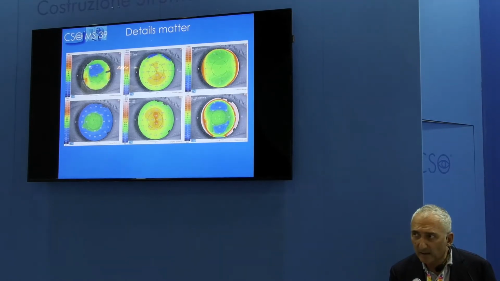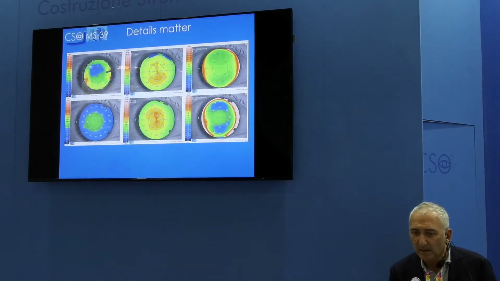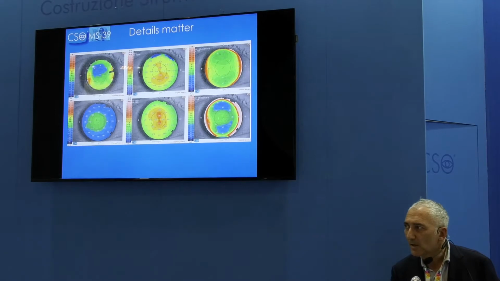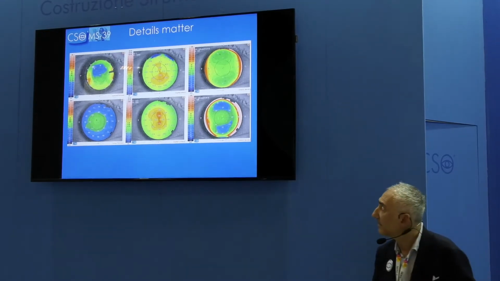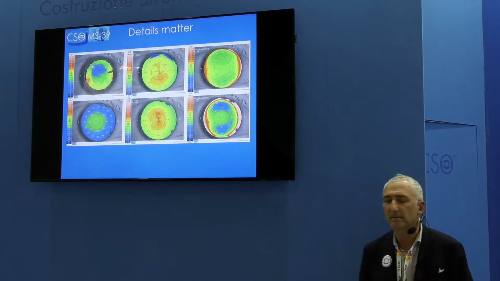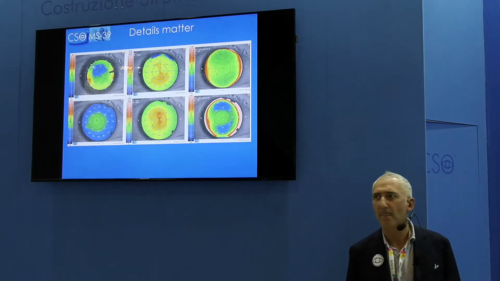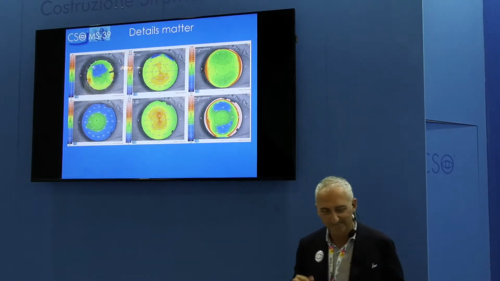Here it's thicker and here it's thinner. You cannot see my pointer. I'm sorry.